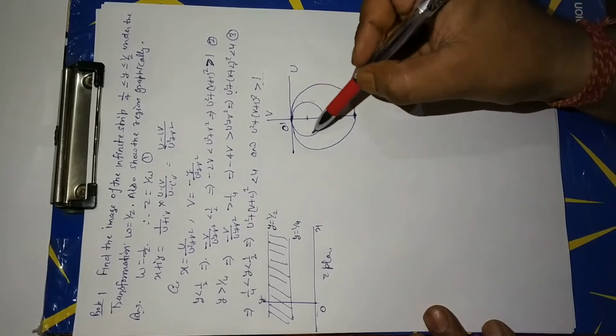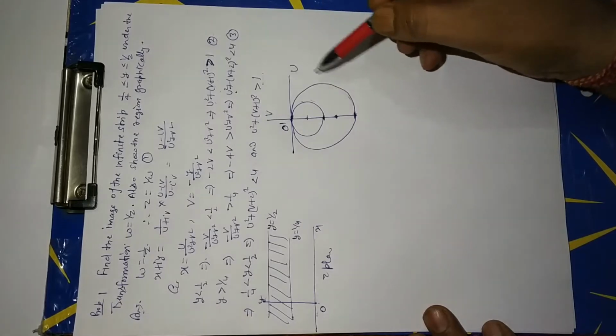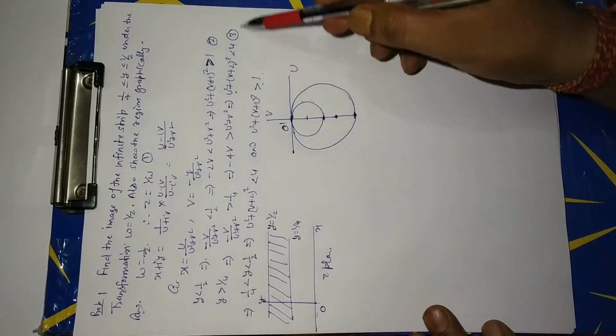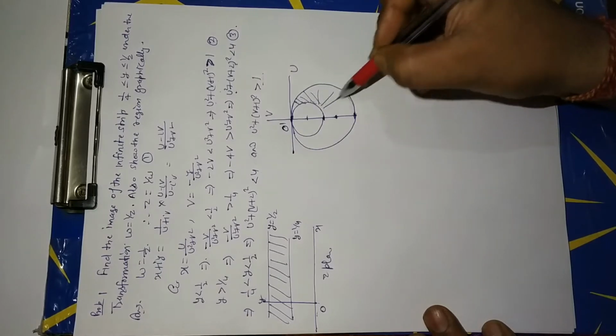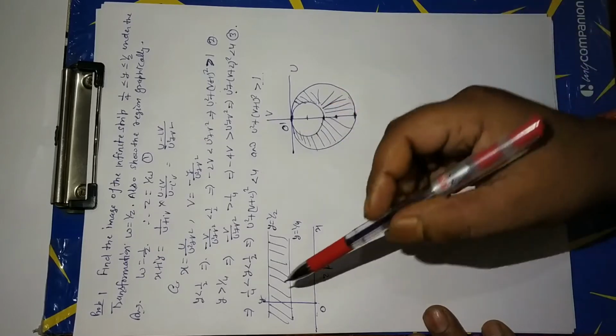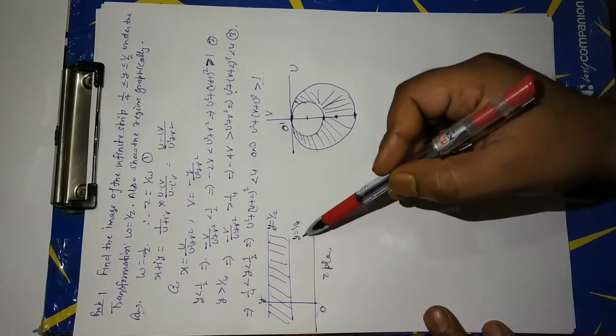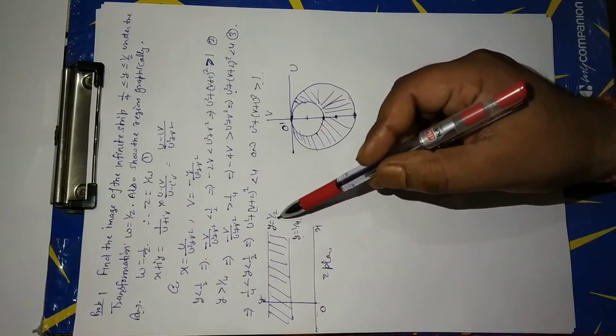The exterior area of the circle number second and the interior area of the circle number 4 is the required area, which is mapped to the strip between y is equal to 1 upon 4 and y is equal to 1 upon 2.